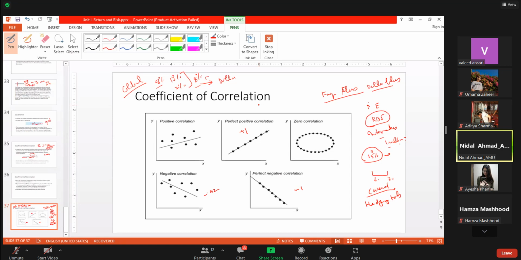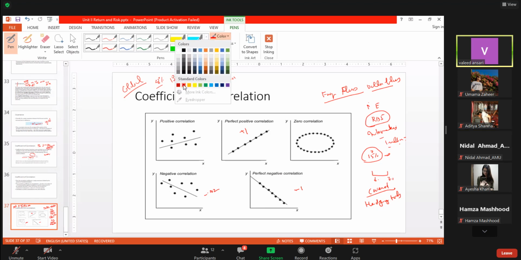Sir, I have another question related to correlation. If the coefficient is +1, does it mean that if the stock price of X is going up, then Y is going down? No, not that. Just see the diagram here.